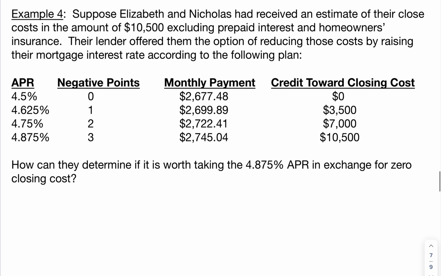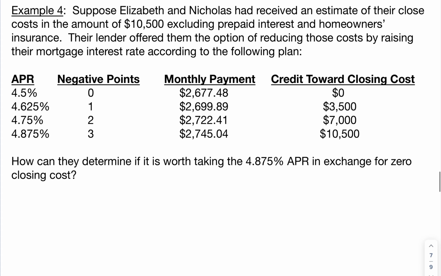Okay, so the first thing to do is to determine the difference in monthly payments between the 4.875% and the 4.5%. Okay, so at 4.875%, they're going to be paying, my apologies, $2,745.04. Okay, so that's assuming that they have all of their closing costs covered.